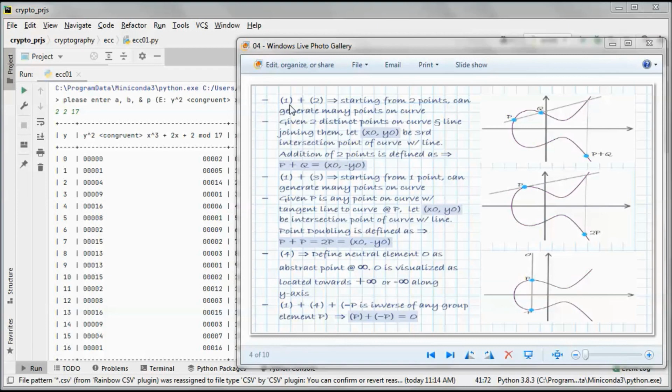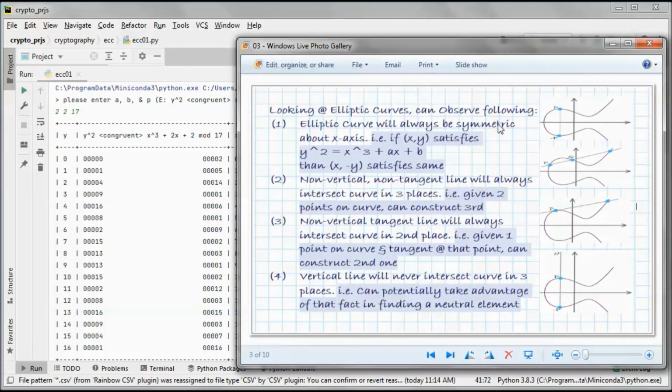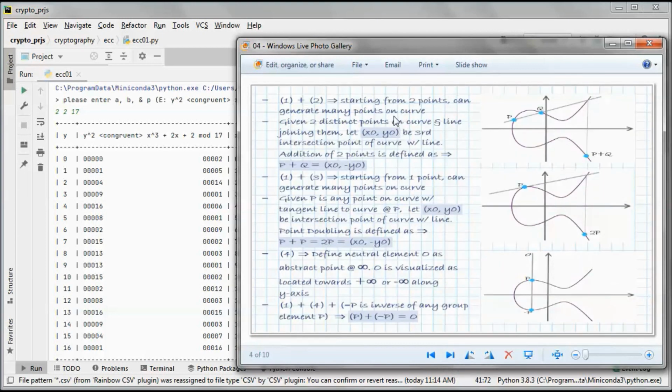Now we take advantage of our first and our second observations: the symmetry about the x-axis and the non-vertical, non-tangent line always intersecting the curve in 3 places. So starting from 2 points on the curve, we can generate many points.